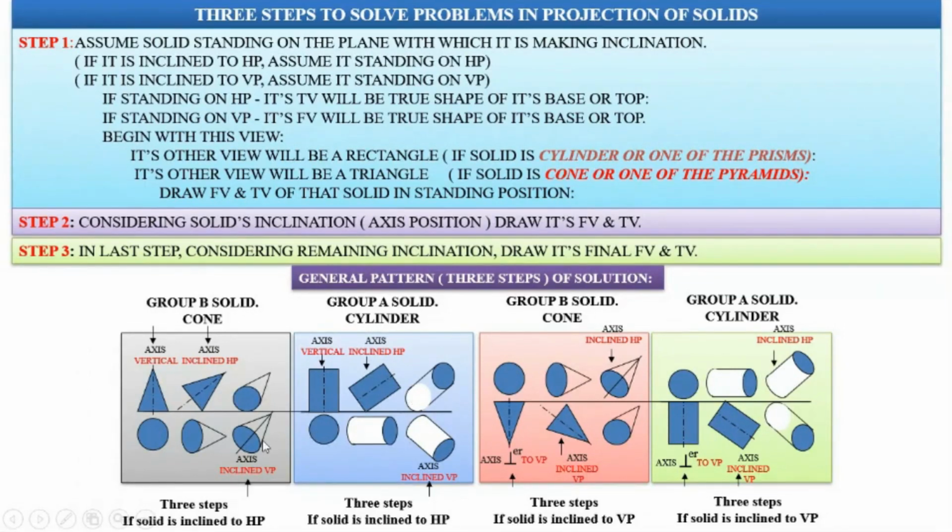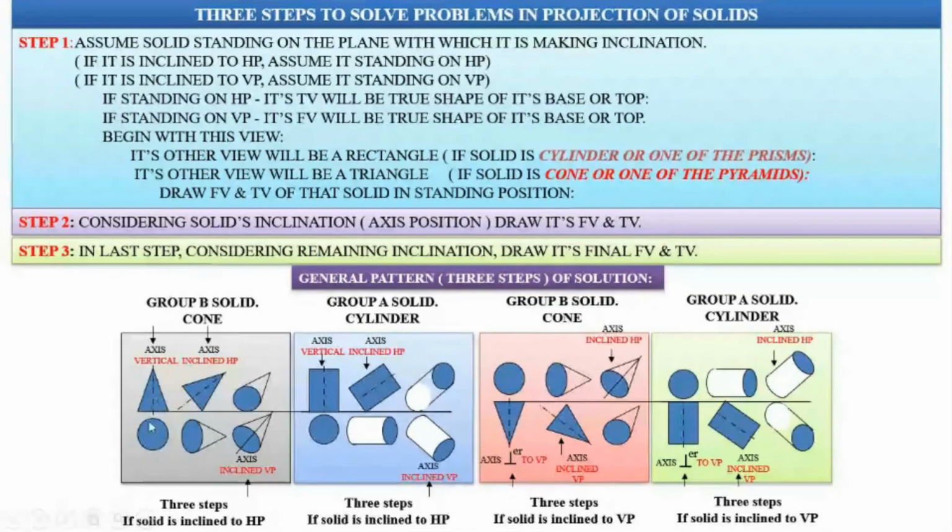So using these three steps, we draw the projection of solids inclined to both the planes, with its axis inclined to both the planes. So these are the three steps that are required. See, in all the three steps, we have to draw 6 figures, out of which a pair of them will be equal.